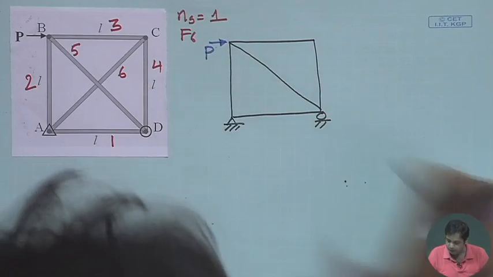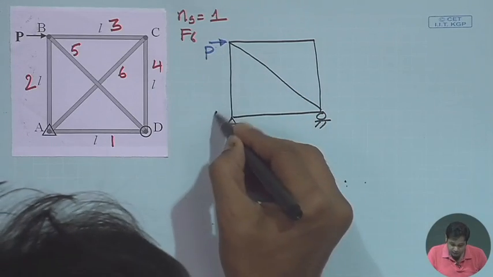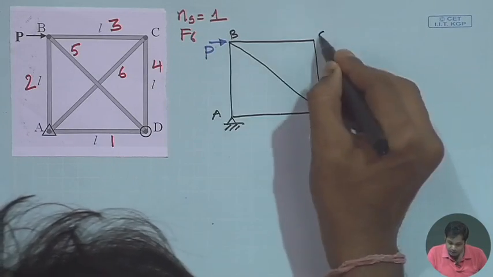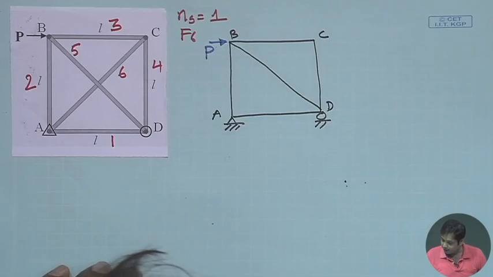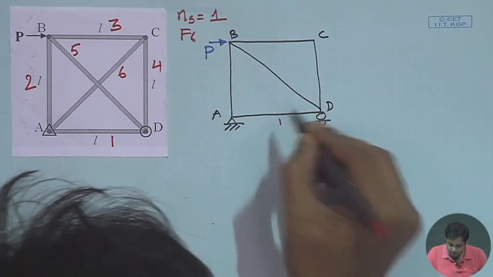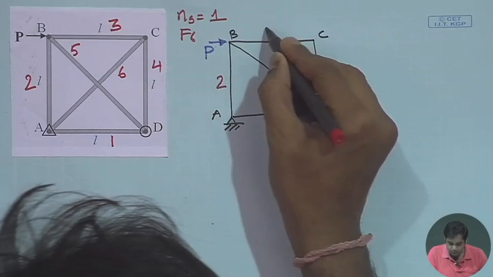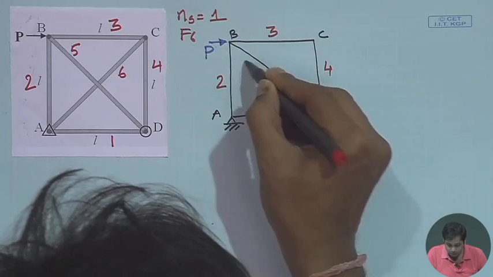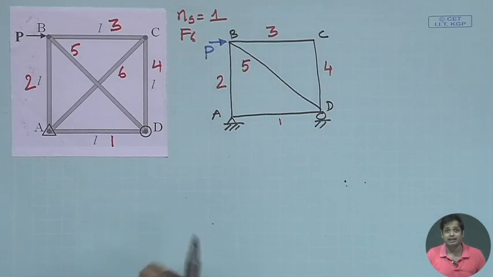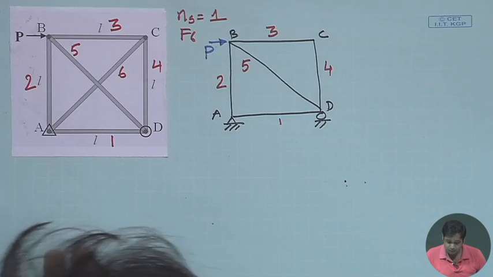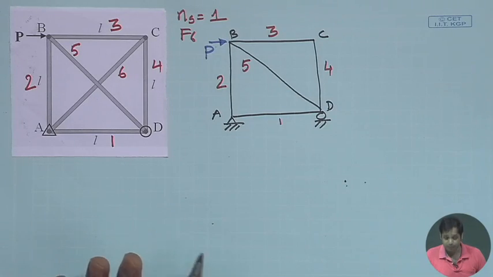This is P here. Okay. So this is A, B, C, D, and the members are member number 1, member number 2, 3, 4 and 5. Since member 6 is redundant, we need to remove that member.